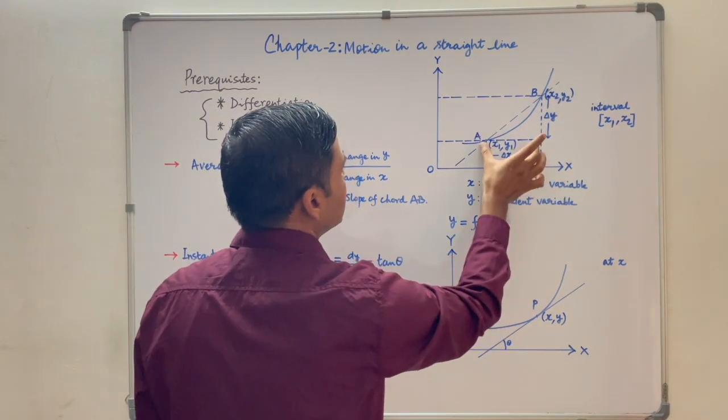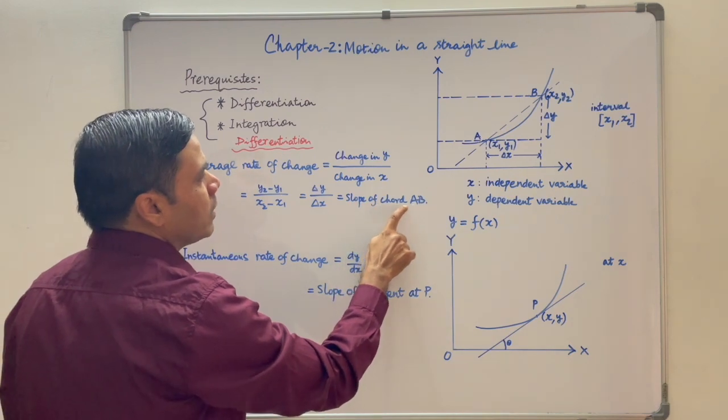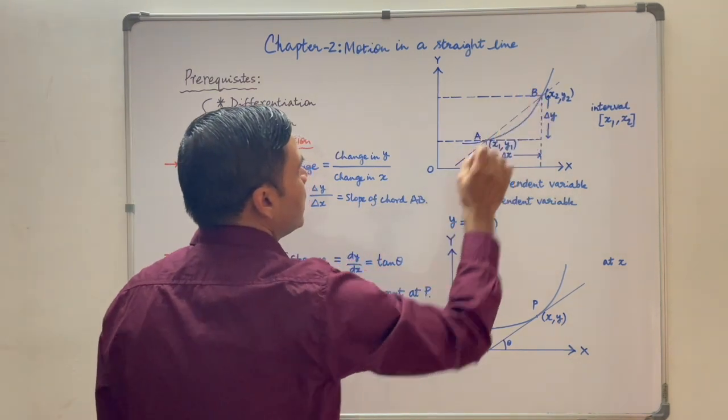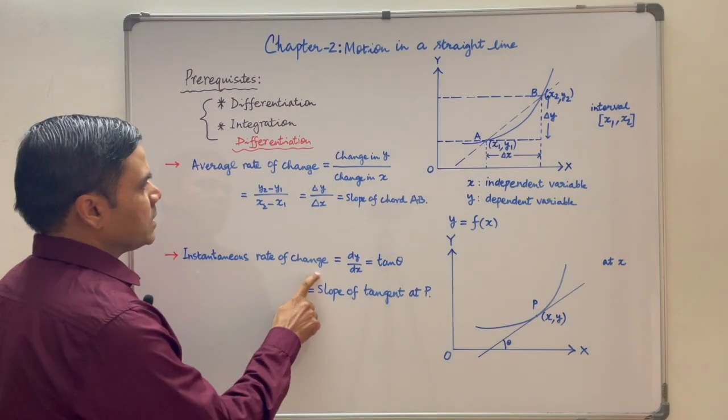This is delta y, this is delta x, and that is equal to the slope of chord AB.